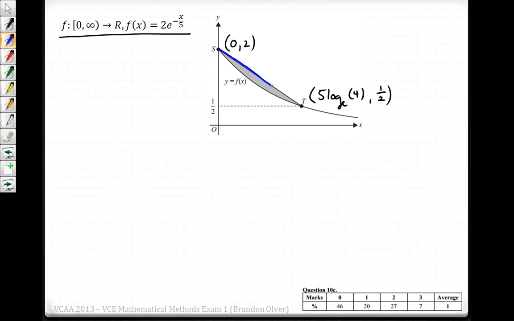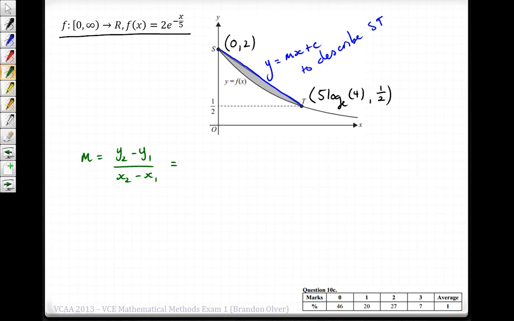So what I'm going to do is find an equation y equals mx plus c to describe ST. So the first thing I'm going to do is work out what the gradient is. So my gradient m equals y2 take y1 over x2 take x1.